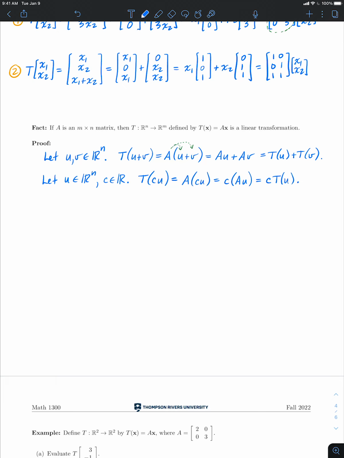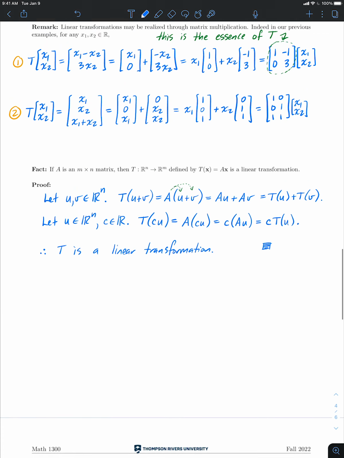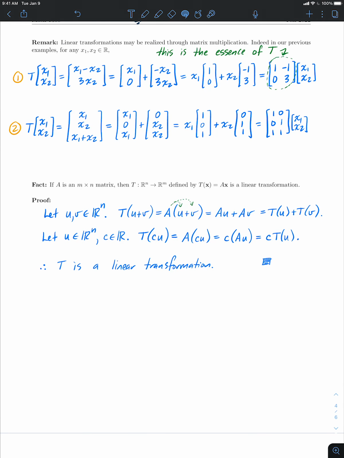So that's the end of it. That's exactly what you need to do to prove something's a linear transformation. So we can say, therefore, T is a linear transformation. The idea is, if you have a matrix A, you can use it to define a linear transformation in this fashion.